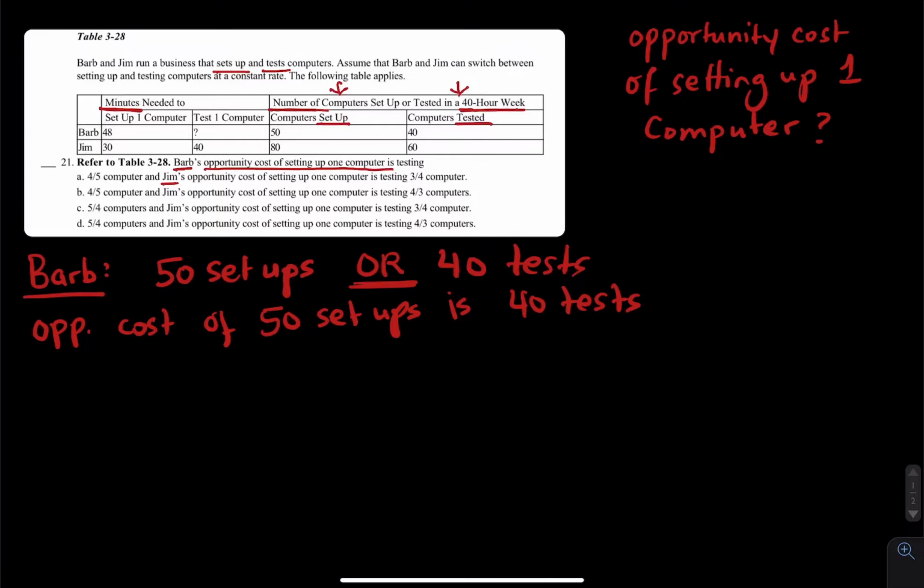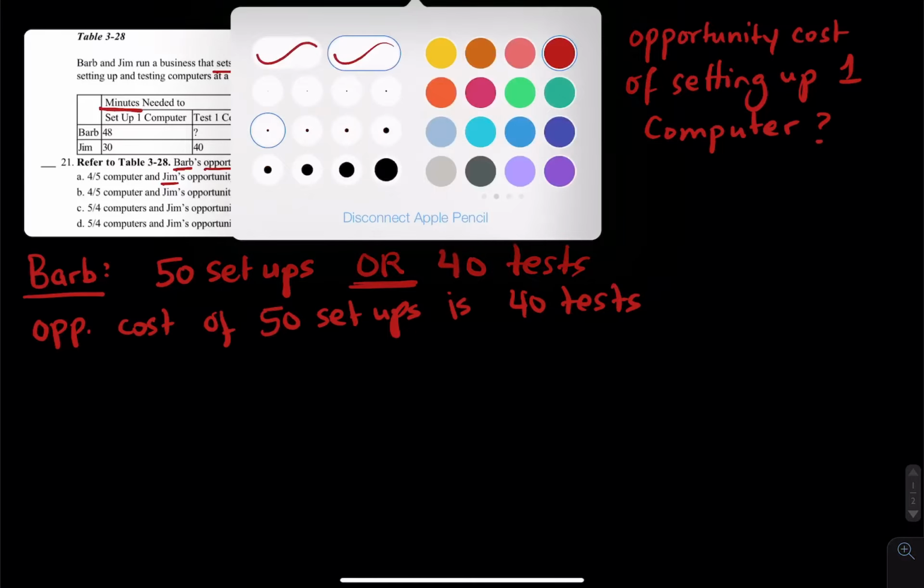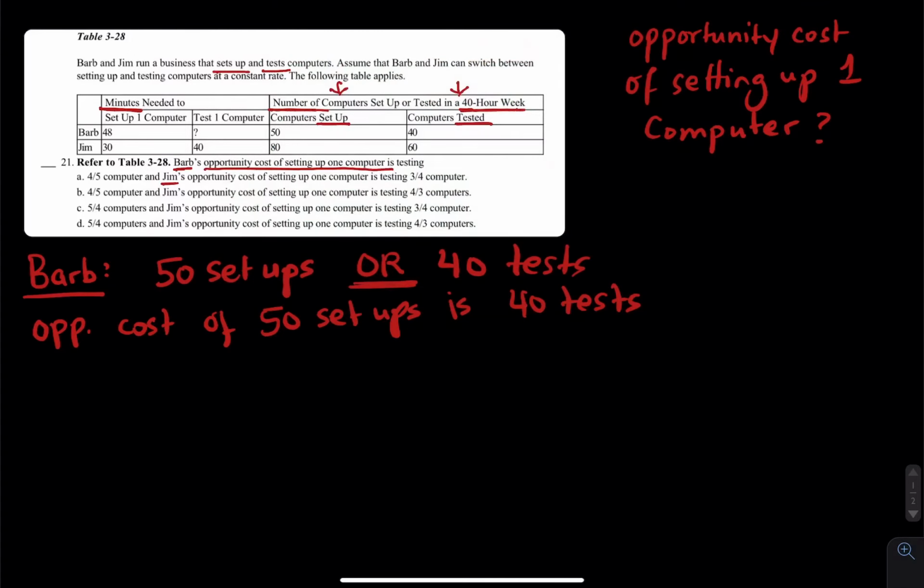So the question is asking us, what is the opportunity cost of setting up one computer? In order to do one setup, how many tests would Barb have to give up?